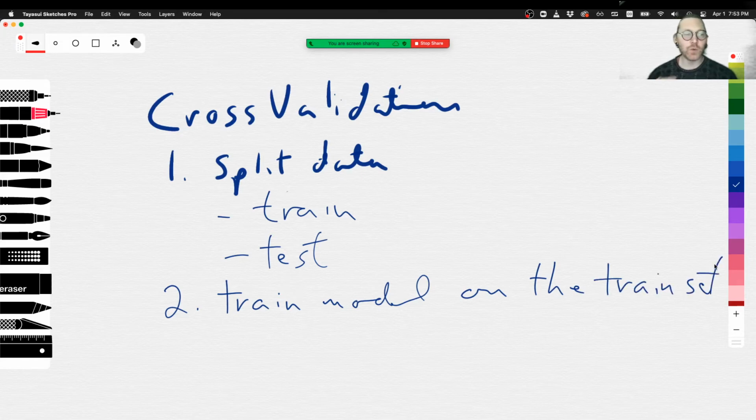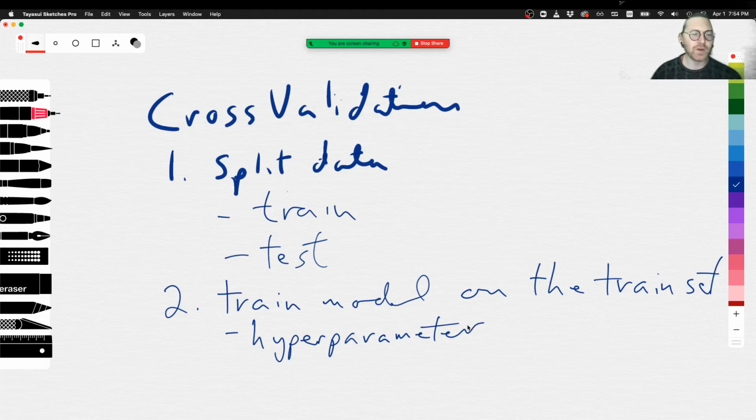While you're doing that, you train your model multiple times, many times, for different sets of hyperparameters. Here's a fun new word: hyperparameter. All this means is it's just a tuning knob for your model. What we're going to look at today is something called k nearest neighbors.